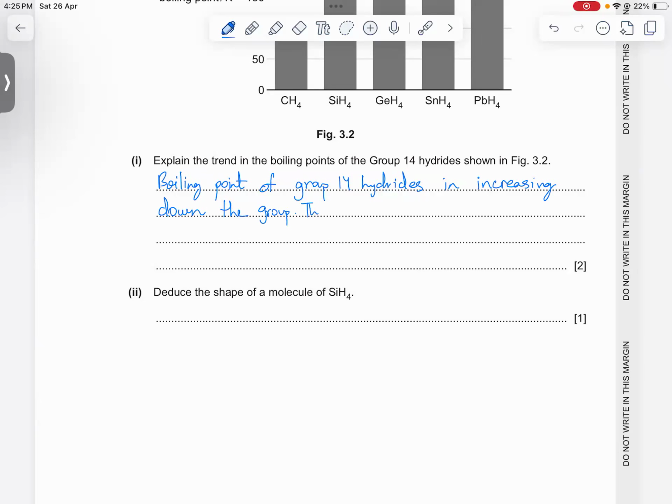Full stop. This is because as we go down the group, the atoms have greater number of electrons.